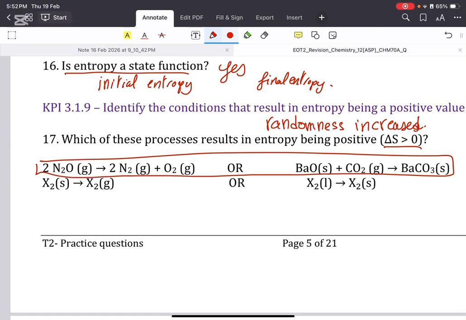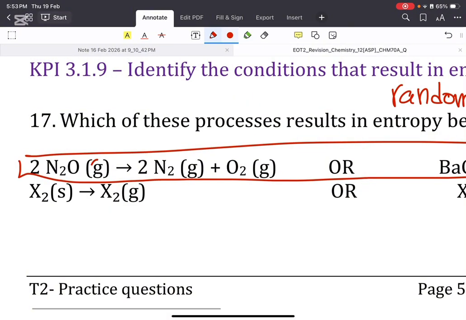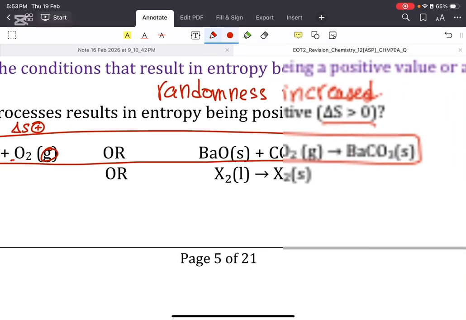They are comparing this one to this one. Here I have gas and it's still gas, but I have 2 moles versus 3 moles. So the amount of particles, or moles of molecules, increased. So there is an increase in the entropy. Entropy is going to be positive.